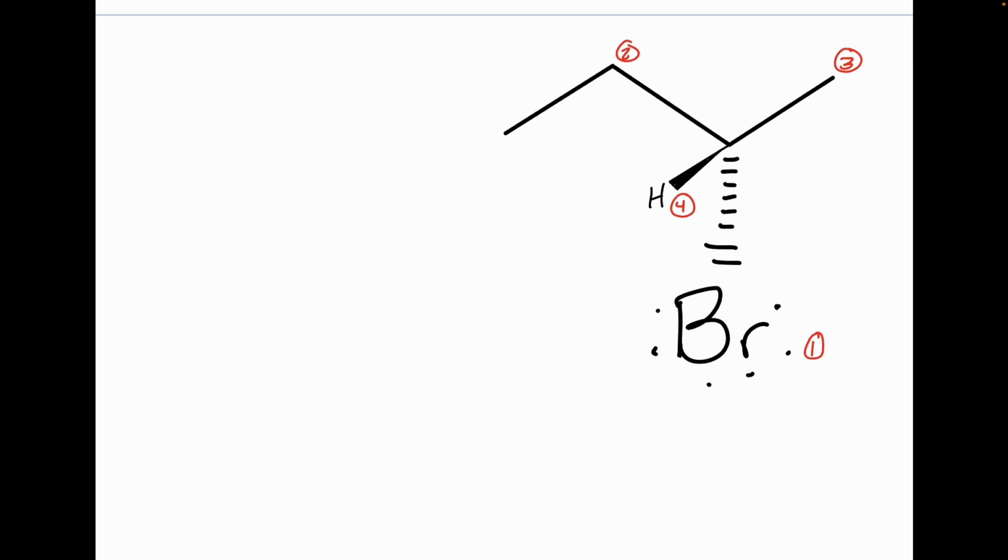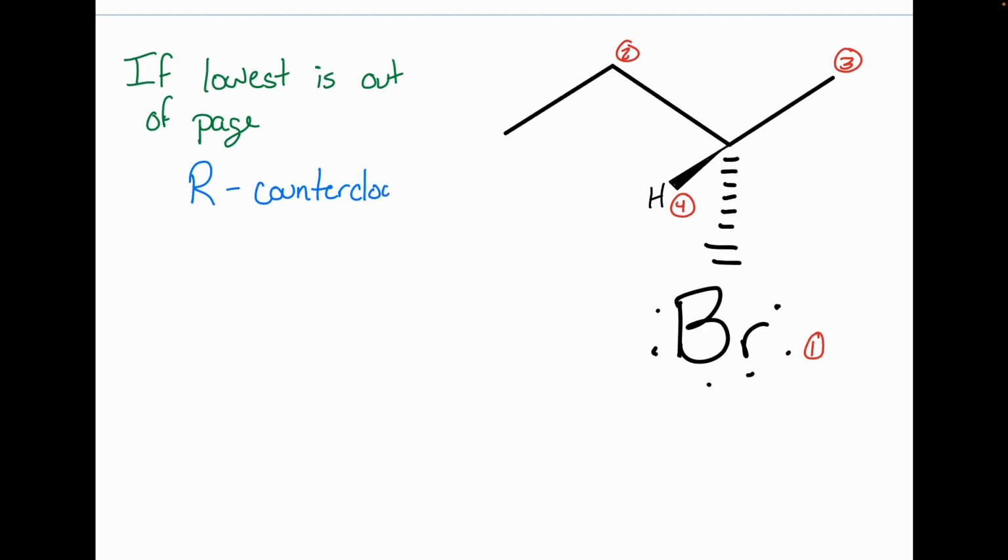So if that lowest priority group is pointed out of the page, then instead of flipping over our structure, we're going to flip our rules. Now it would be R that is counterclockwise, and S that is clockwise.